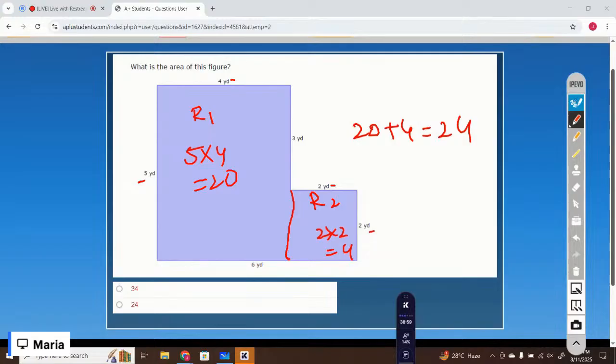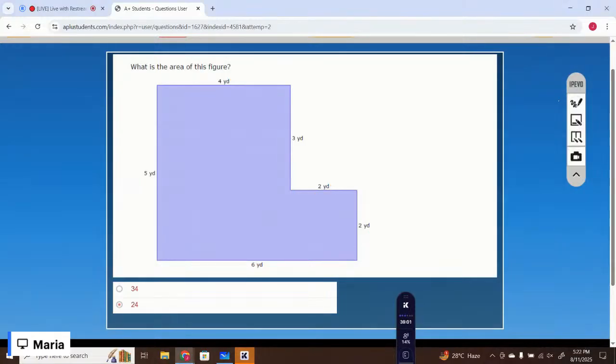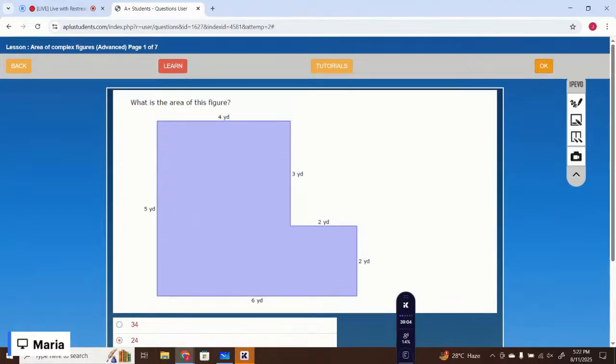The correct option is 24. Option number 2 is the correct option.